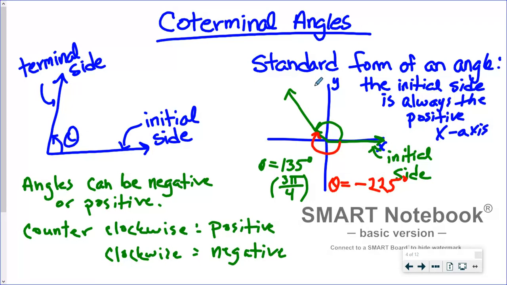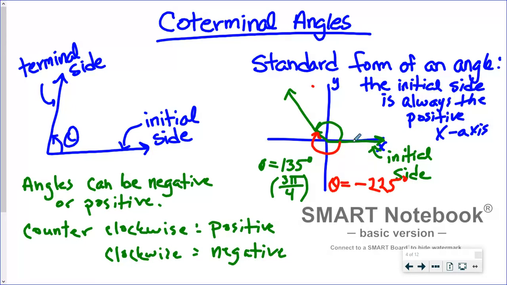Now, like we said earlier, when we talk about angles in standard form, which in math is pretty much what we're always going to be doing, we always have the positive x-axis as the initial side. So I can get to this same terminal side by either coming 225 degrees in the negative direction or positive 135 degrees.